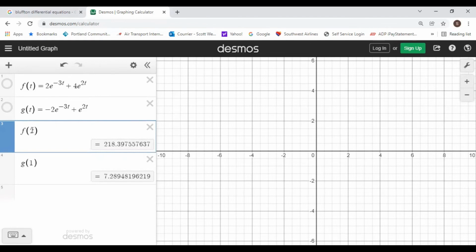So 218.40, let's say. And then g of 2 is 54.59. And then finally for 3, it's 1600.71 or 1613.